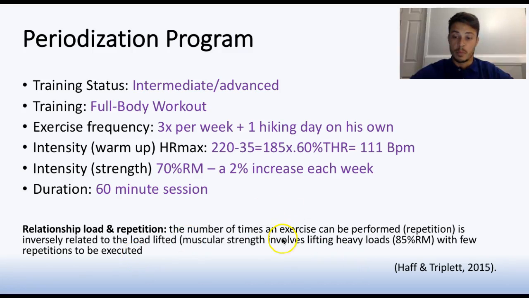So this will be very important for this program because we start the first week with 70% and then increase each week. The intention is by week 8 to achieve 85% of his 1RM, where we will decrease the number of repetitions.